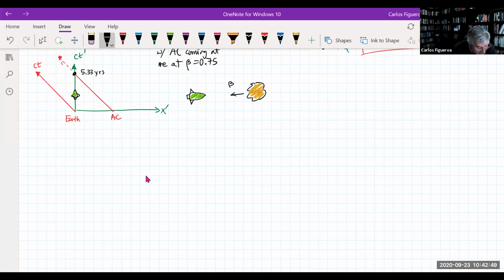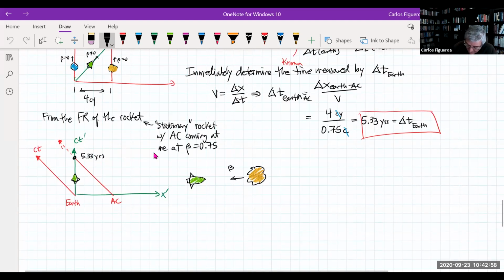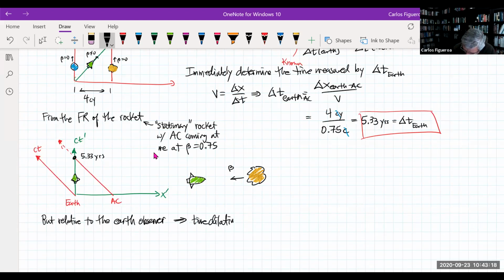So if I start to look at this thing, we know that relative to the Earth observer, we know that there is time dilation, and the rocket passenger or the rocket captain feels the acceleration.